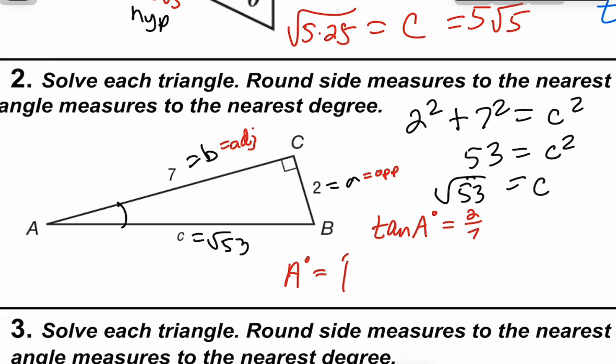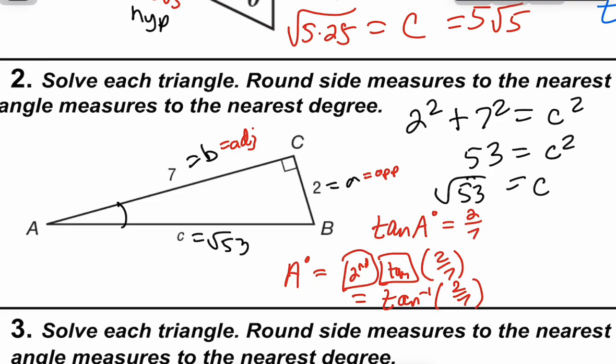You have to hit the second button, then the tangent, okay? That little -1 notation should only appear on the calculator when you are looking for an angle measure. And make sure your angle, it's in that degree mode. You should see a little DEG on the corner of your screen or it's going to mess you up, okay?